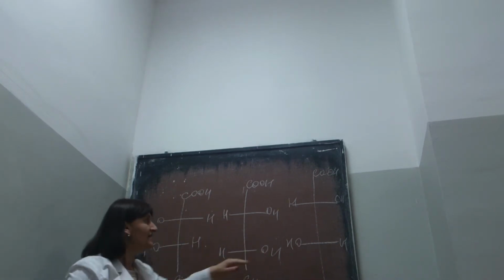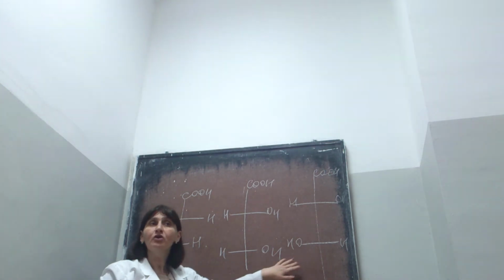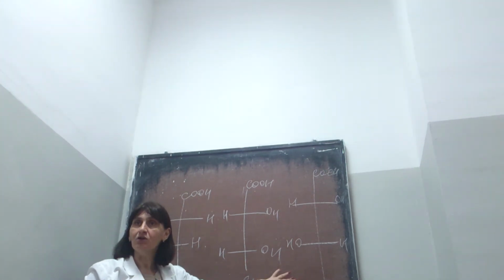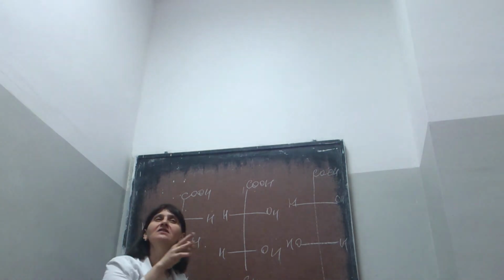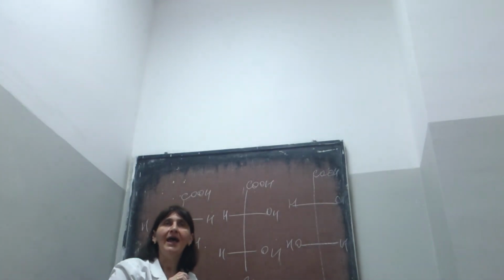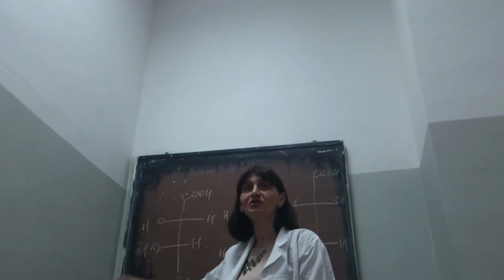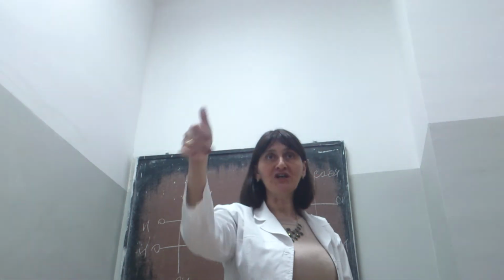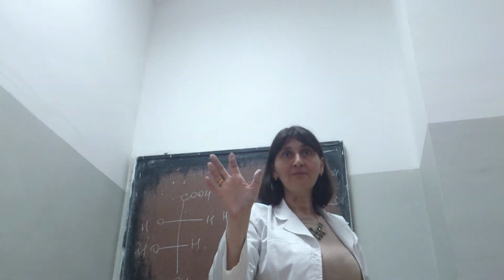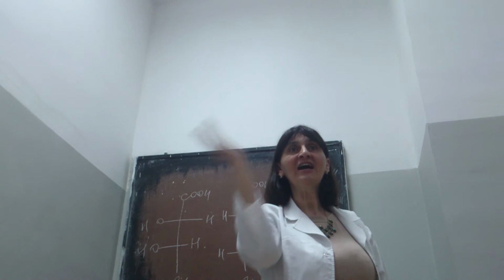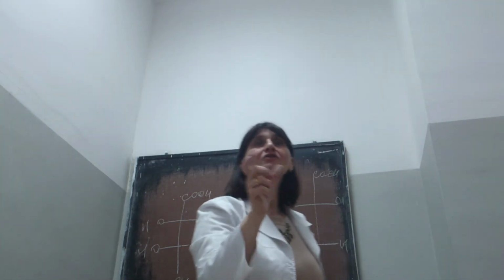Now look, what about the physical properties of diastereomers? They have slightly different physical properties, and the main difference between them is that they have different angles of rotation. In the case of enantiomers, the absolute value of the rotation angle is the same, but the direction is different. Here, the absolute value is different.